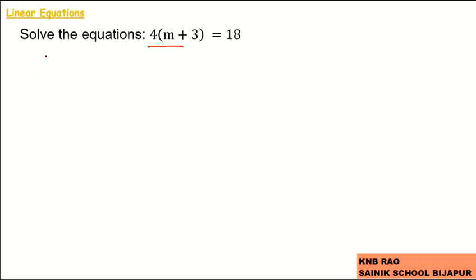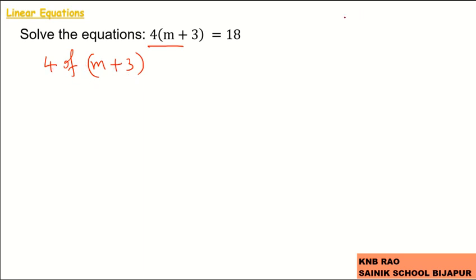It is just nothing but 4 of, or 4 multiplied, it means 4 of m plus 3. That means the sum of m and 3 is multiplied by 4.